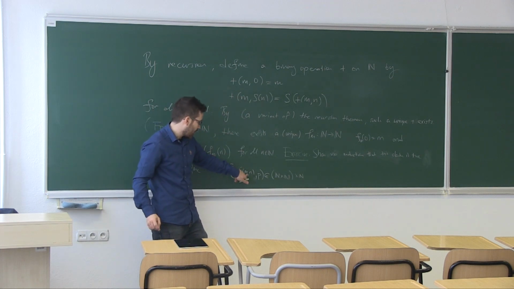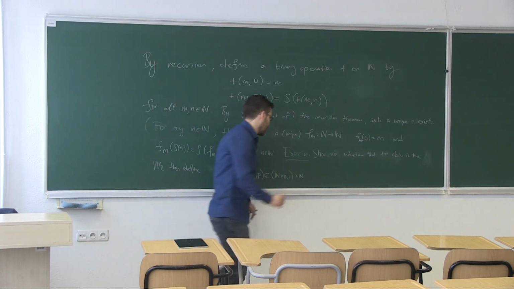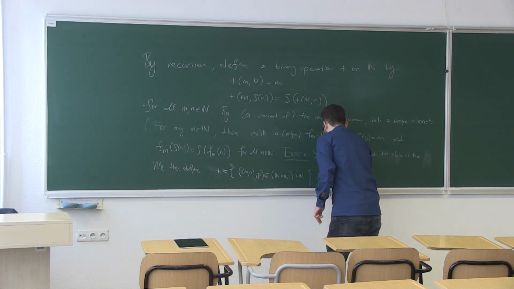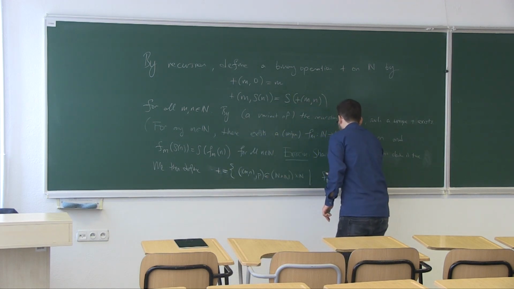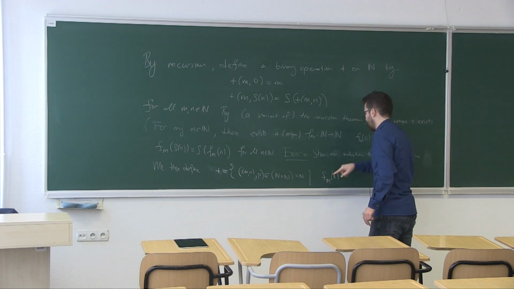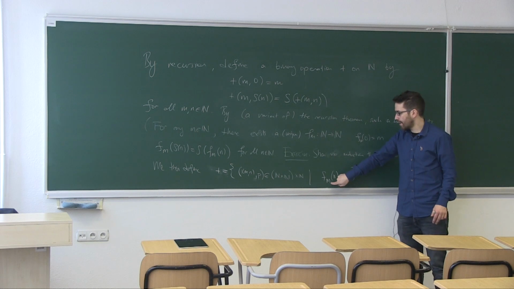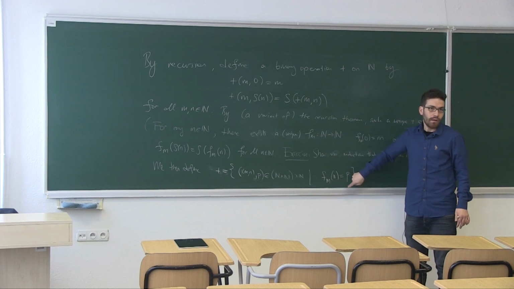So I take all the pairs (m, n) and p such that f sub m of n is p. So when I add m to n, I should get p.